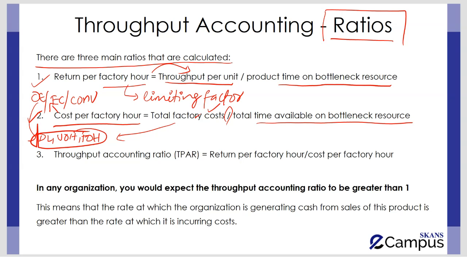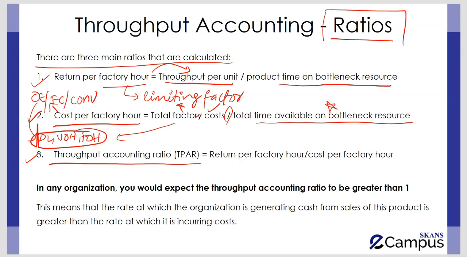Because we are taking total factory cost in the numerator, the denominator will have total bottleneck time, right? Bottleneck hours or whatever the limiting factor is, you divide the total factory cost by the total availability of the limiting factor, right?